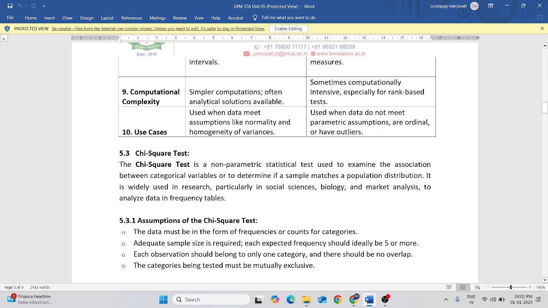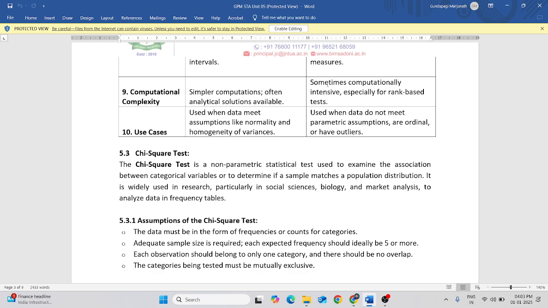There are certain assumptions for the chi-square test. The data must be in the form of frequencies or counts for categories. Adequate size is required, especially greater than 5.